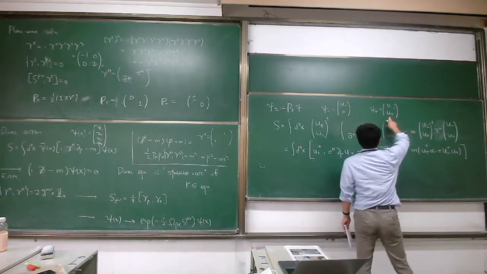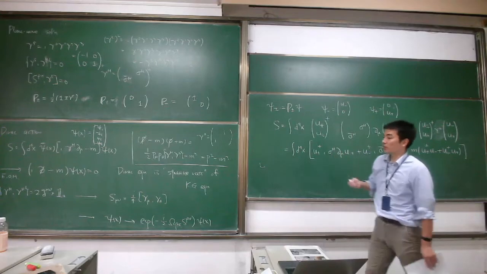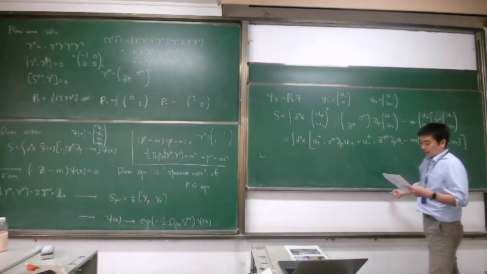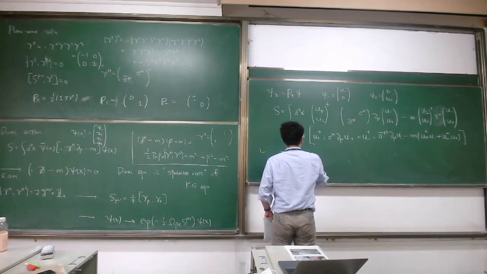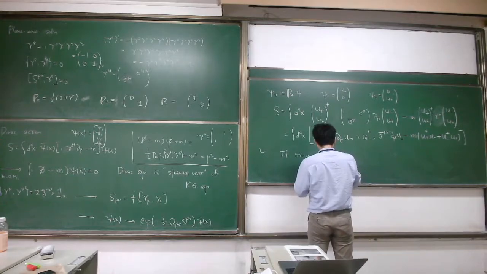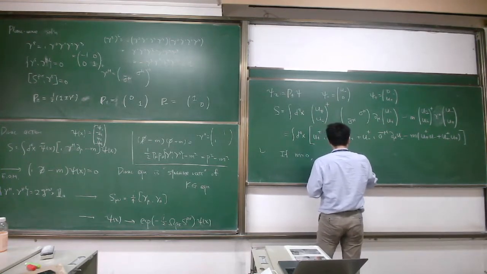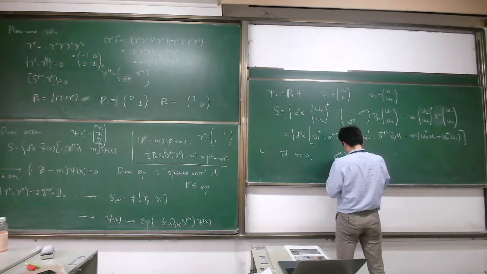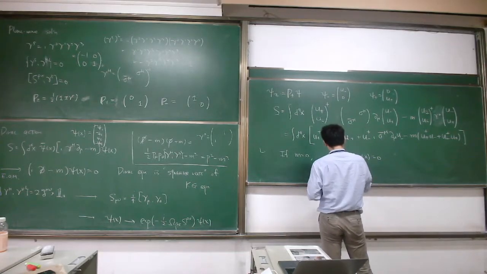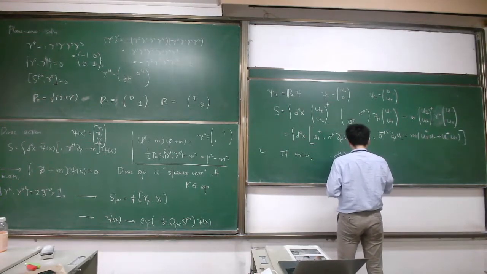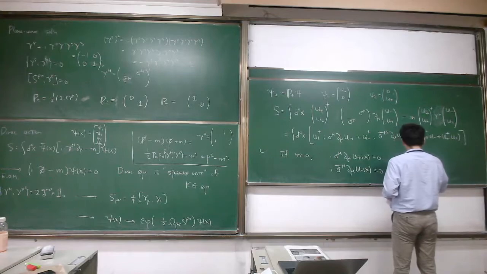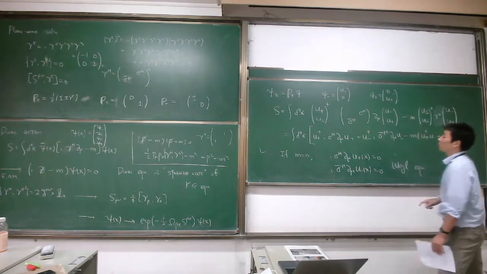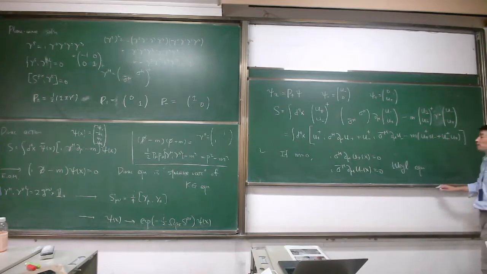On the other hand, u plus and u minus, these two-component spinors, are called Weyl spinors. And if m equals 0, you just have the so-called Weyl equation, the equation of motion.